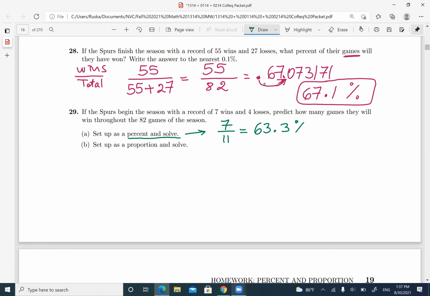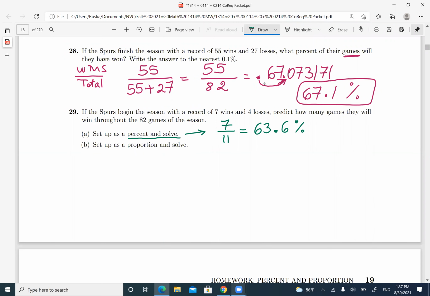And I just round it, okay? 63.6%, not 63.3. Because it's 63, 63, 63 and repeating, okay? That's the decimal I get. So they're winning with 63.6%, right?